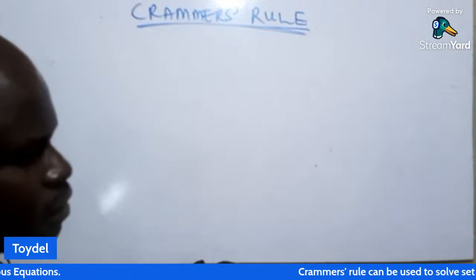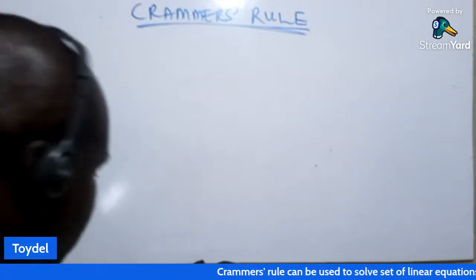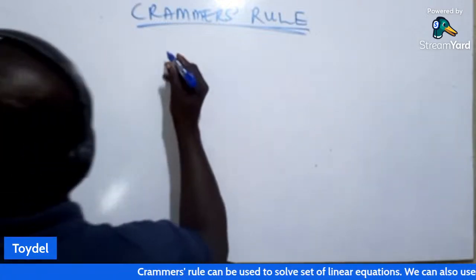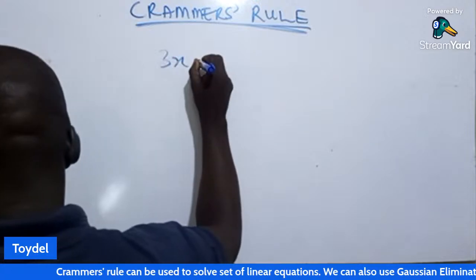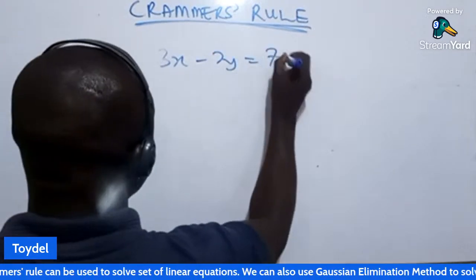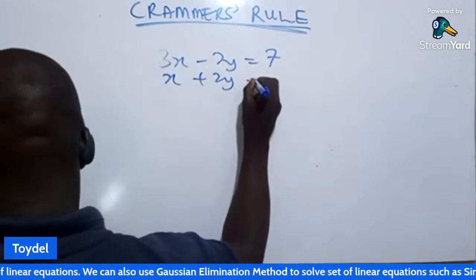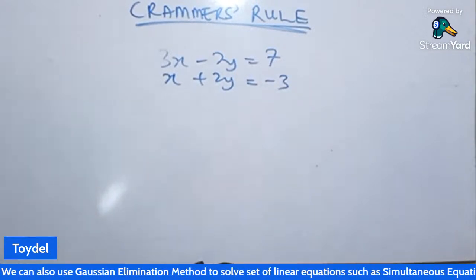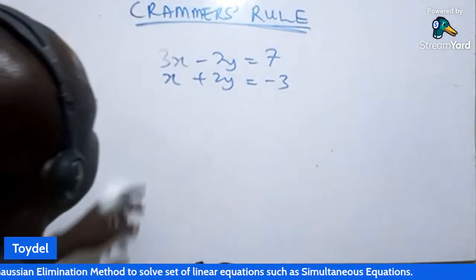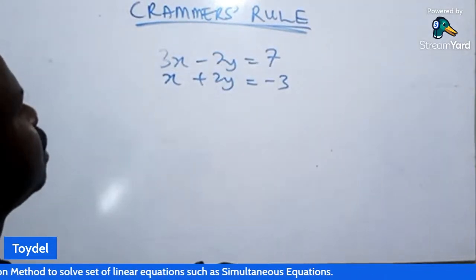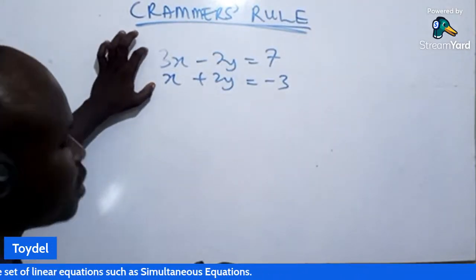If you have something like 3x minus 2y is equal to 7, and x plus 2y is equal to minus 3, this is a set of linear equations in x and y, and it is called simultaneous equation.